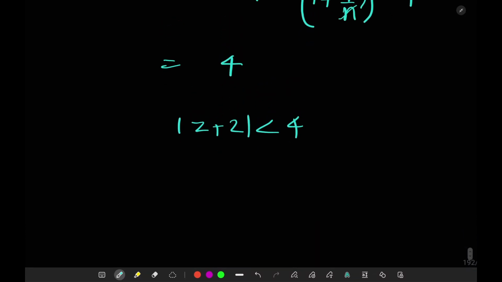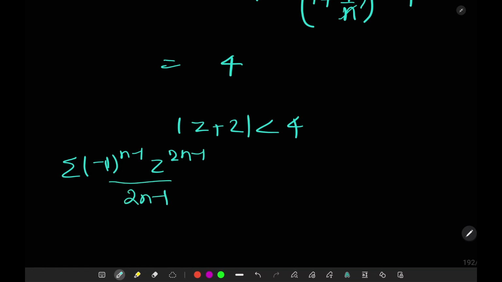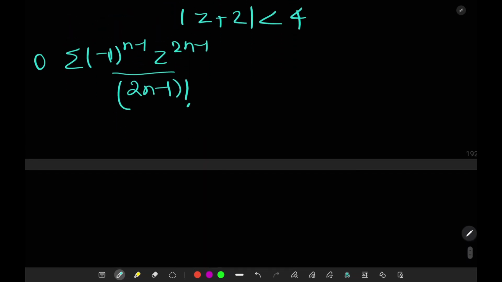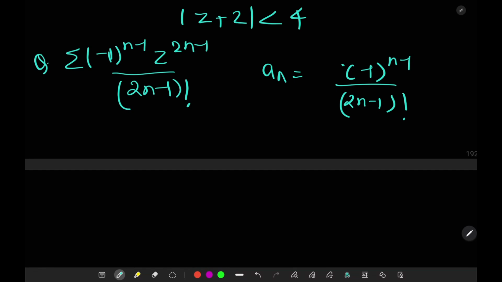Now let's do another question. (-1)^(n-1) z^(2n-1) divided by (2n-1)!. This is f(z) given. So first of all we need to find a_n. a_n = (-1)^(n-1) divided by (2n-1)!.